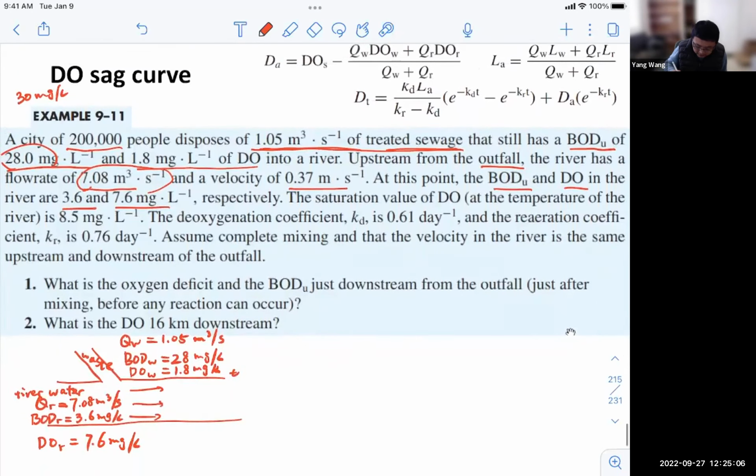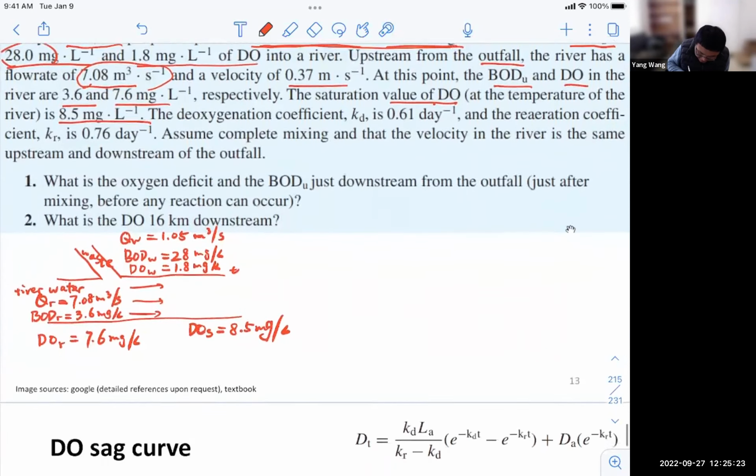And then it's further giving you some constants. For example, the saturation value of the DO is 8.5 milligram per liter. So DO S, this saturation value, is 8.5 milligram per liter.